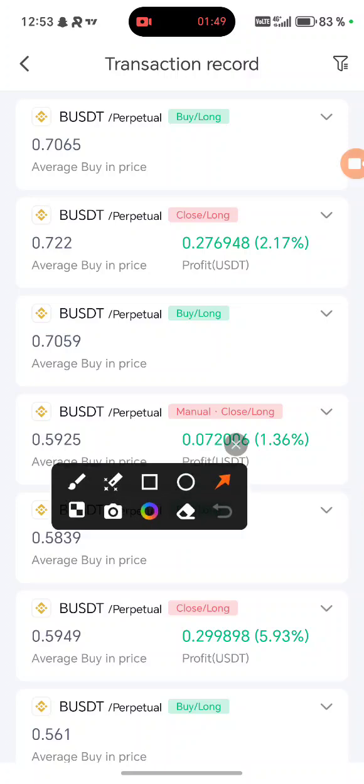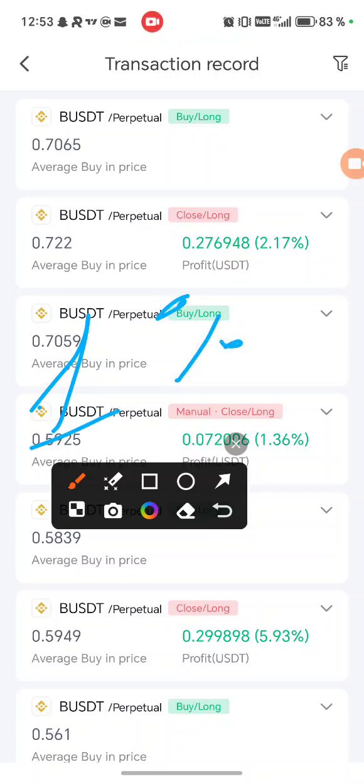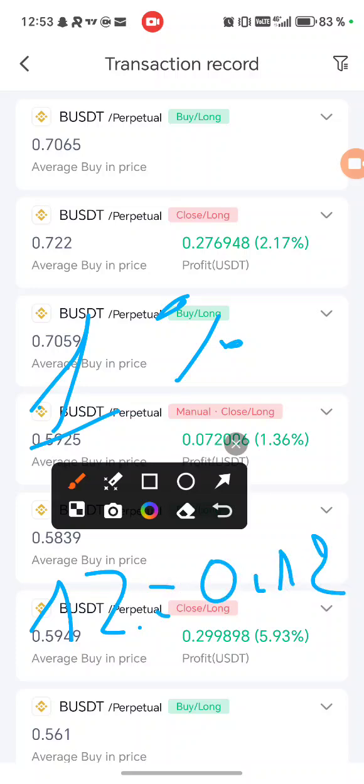Let me once again make it clear. 1% of this $12 that I invested is 0.12 cents that I'll make as profit. So this $12, 1% is 0.12.